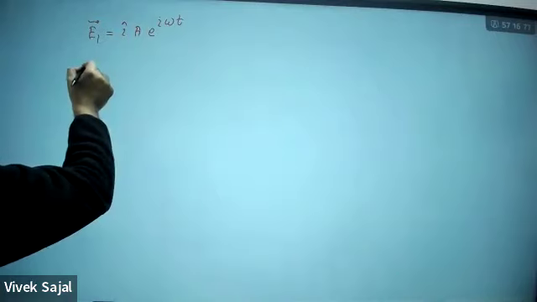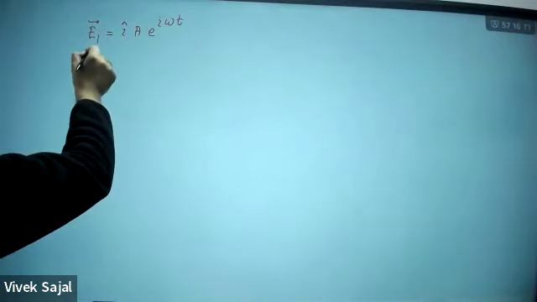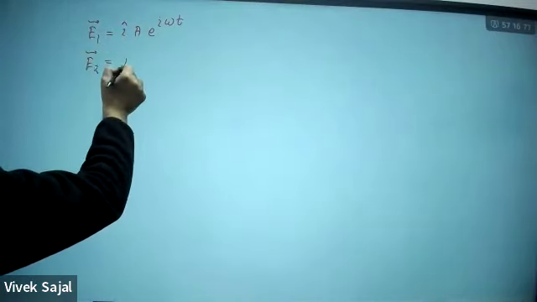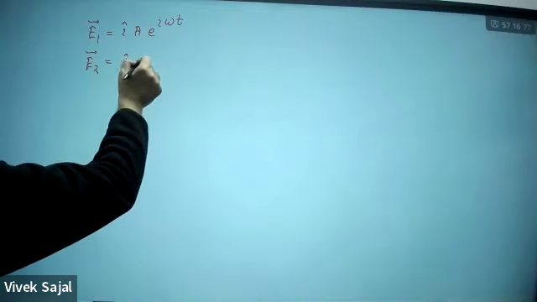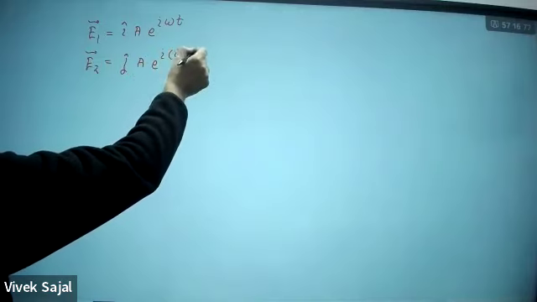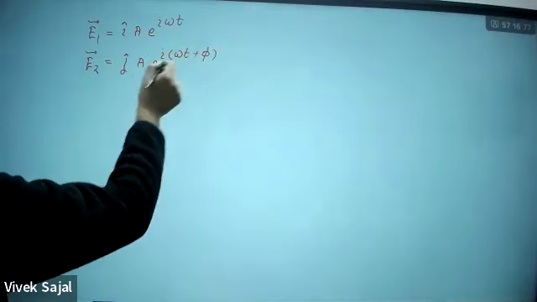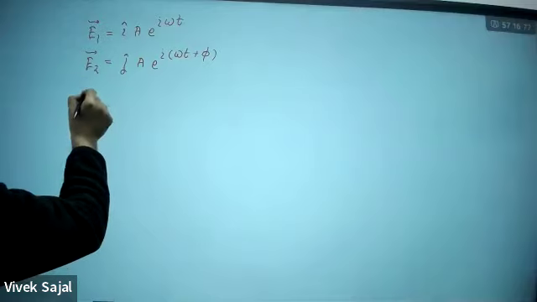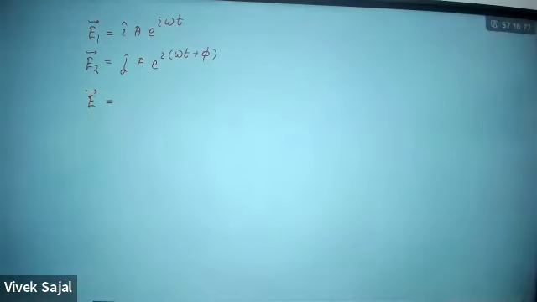This is E2, and this will be J cap A e to the power iota (omega t plus phi). So what will be the resultant electric field at a point?